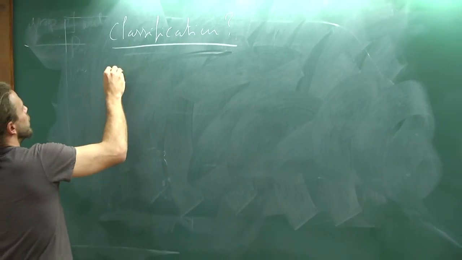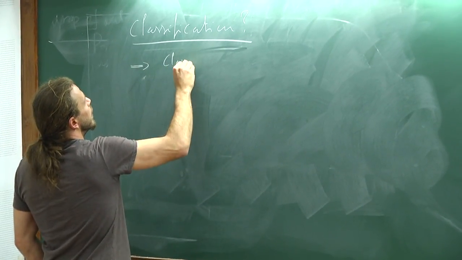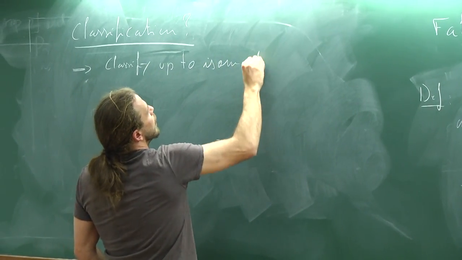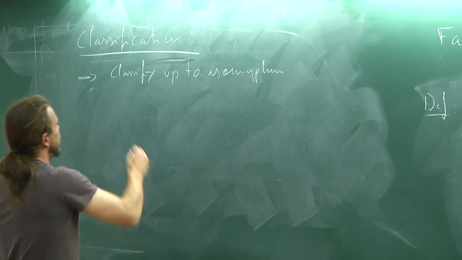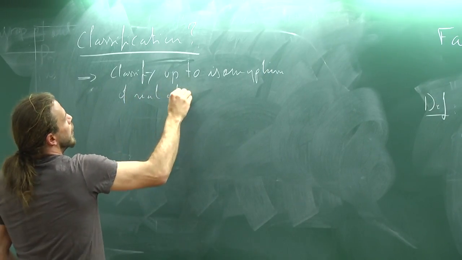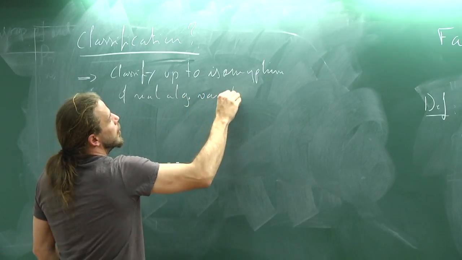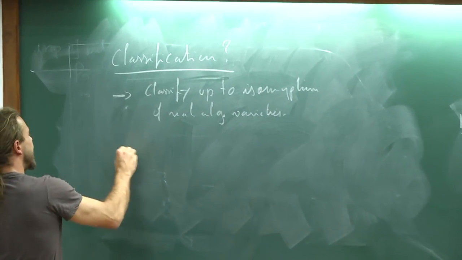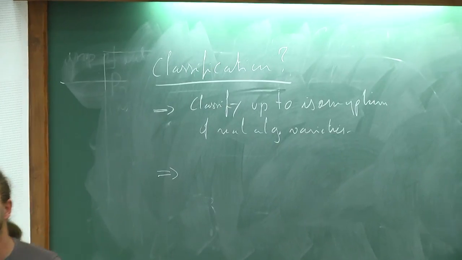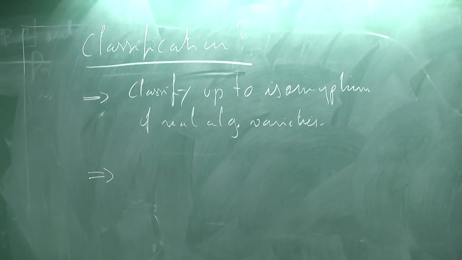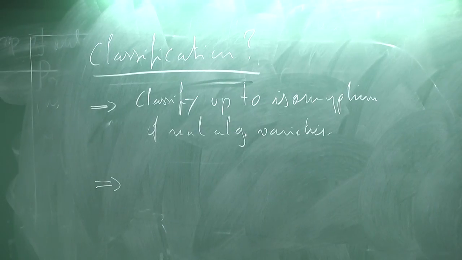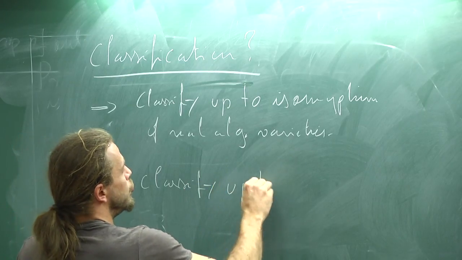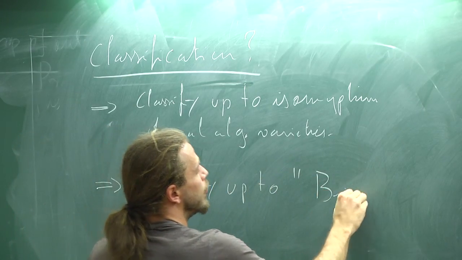Well, one possibility is to classify up to isomorphism of real algebraic variety, so as R-schemes. Or, the natural thing to do in real algebraic geometry, if you are just interested in real points, is to classify up to what is called a birational diffeomorphism.